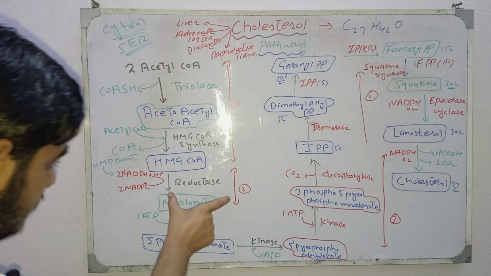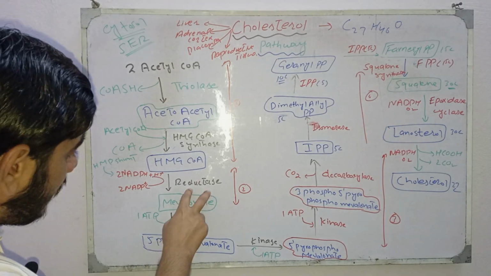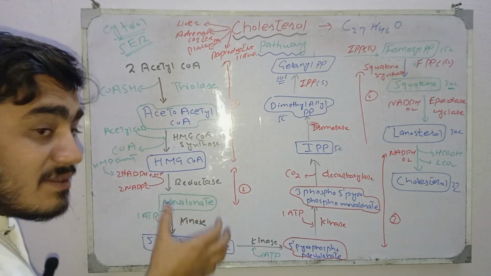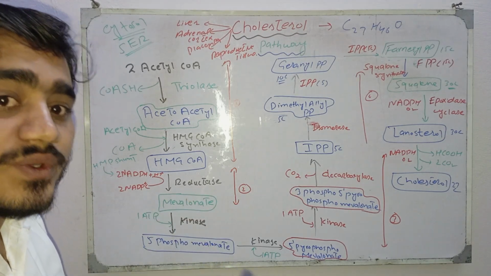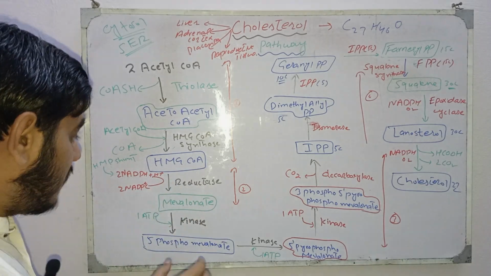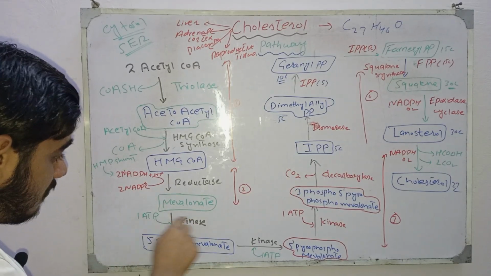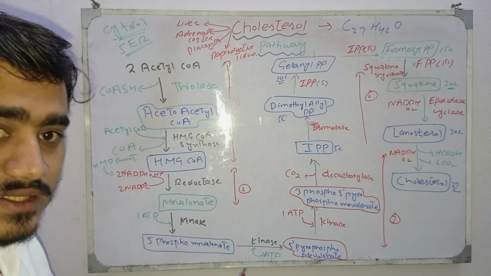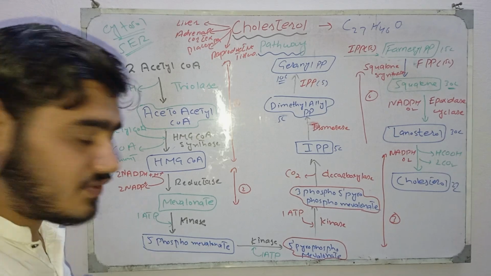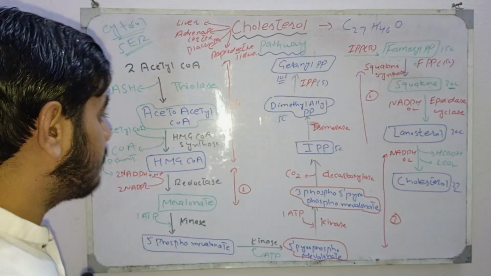Students, this step, it is a very important step. It is a rate limiting step, meaning slowest step, and it is also a committed step because when mevalonate gets synthesized, then ultimately it leads to synthesis of cholesterol. That's why it is called a committed step.